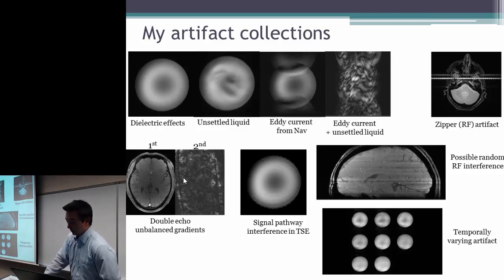And this is the double echo sequence that I developed a while ago. This artifact happened during the developmental stage. It is basically a gradient echo sequence that collects two echoes. So the first echo looks great.